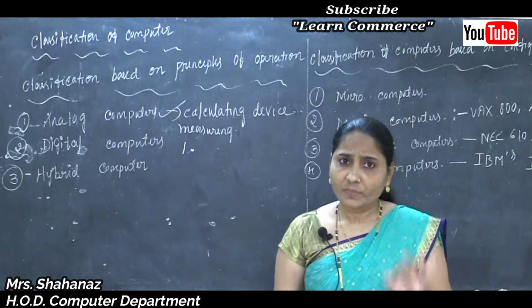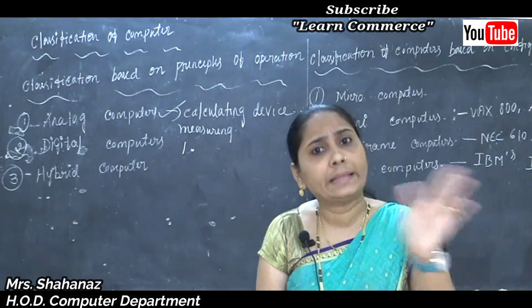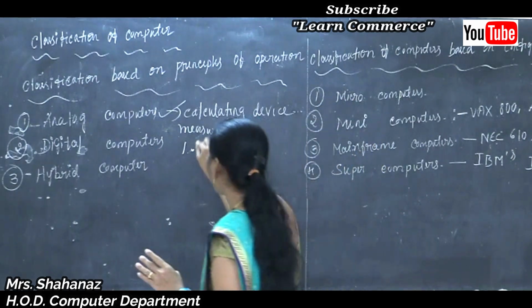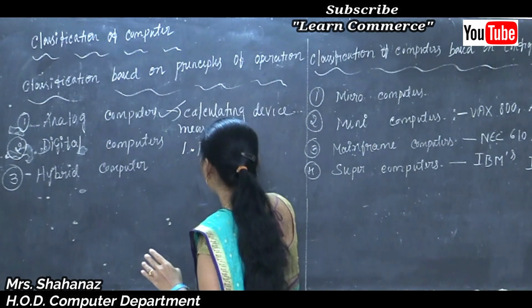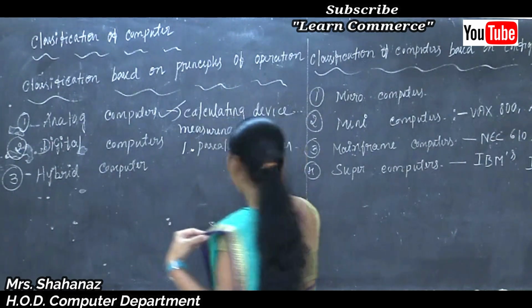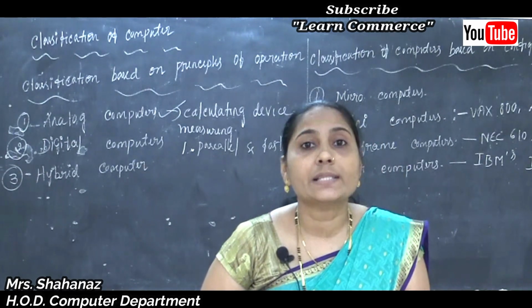We can say that in an analog computer, all calculations take place in parallel and in a faster manner. What do you mean by parallel in this case? Parallel means, in Kannada, samanantara.